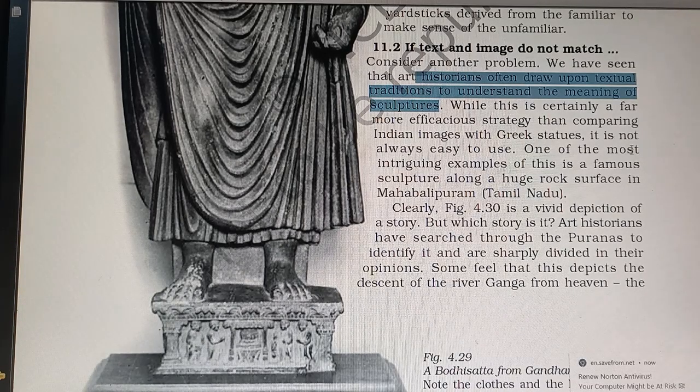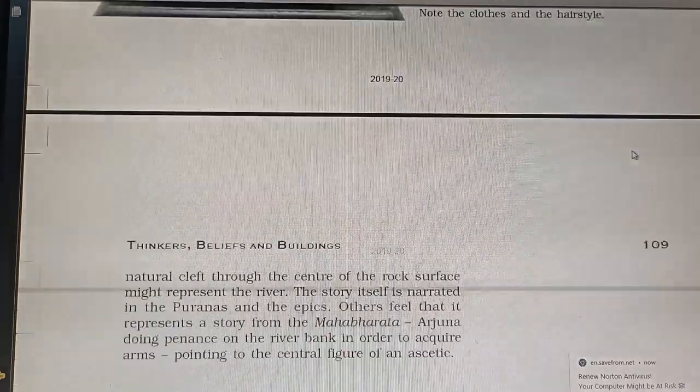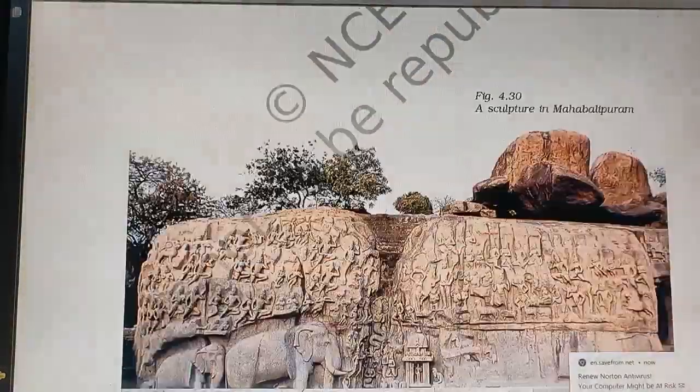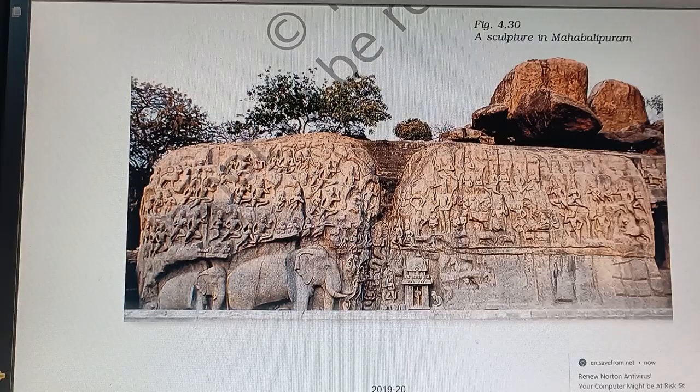Here, historians tried to understand these sculptures, and they have different interpretations. Some feel that this depicts the descent of Ganga from the heaven.